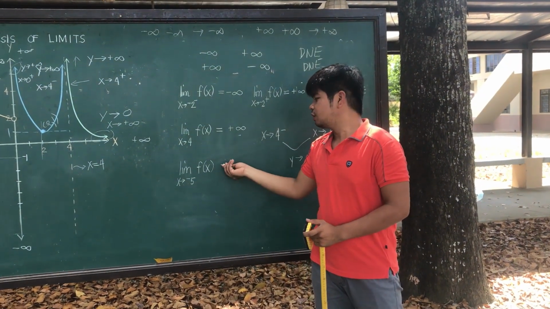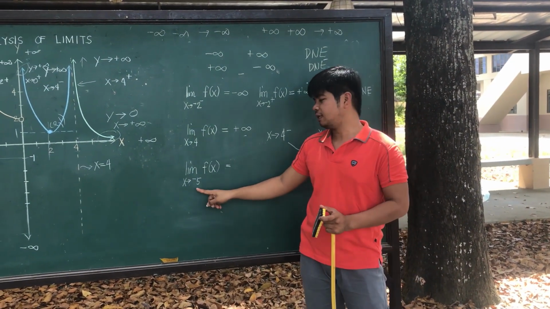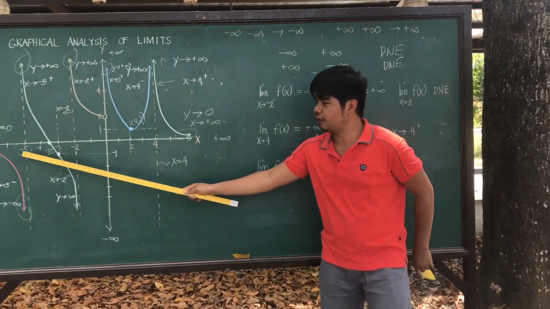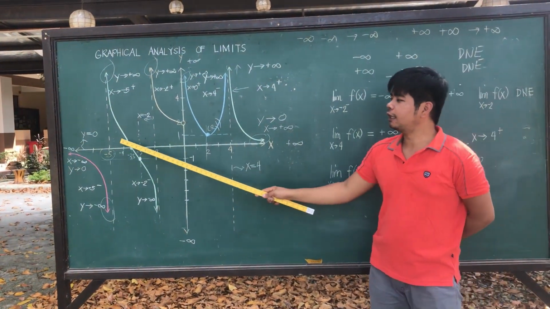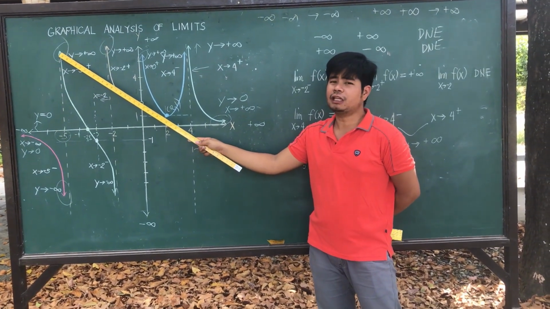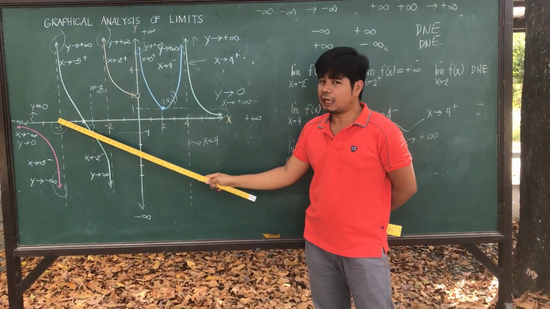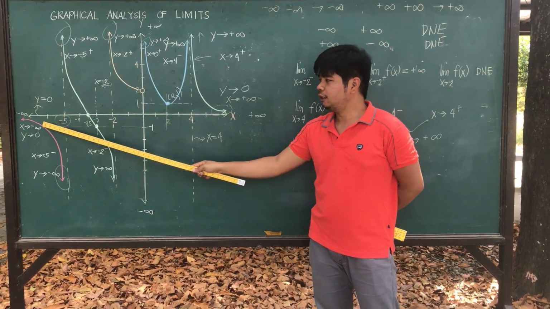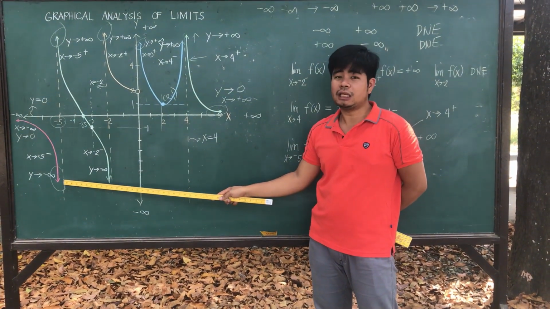Okay? So let's move to limit of f of x as x approaches negative 5. So this is negative 5. Pero pag nakikita natin ang right ng negative 5, ang nangyayari sa value ng y ay paakyat infinitely. Pero kapag nasa left tayo ng negative 5, y decreases infinitely.